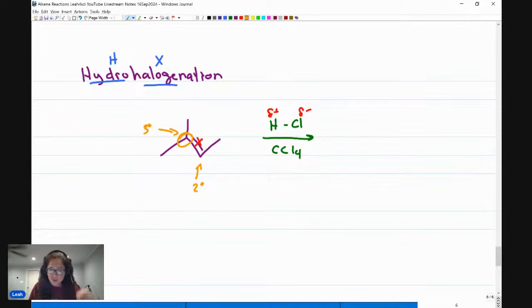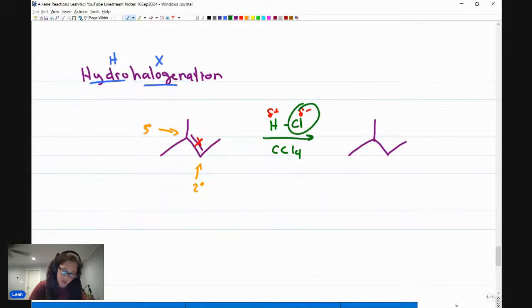That means the nucleophile, the chlorine, will add there, and I don't need to draw the mechanism to figure this out. All I have to do is redraw my skeleton, put the nucleophile, the chlorine, right here at the more substituted position, and as a default, by the way, the hydrogen adds in at the less substituted position.